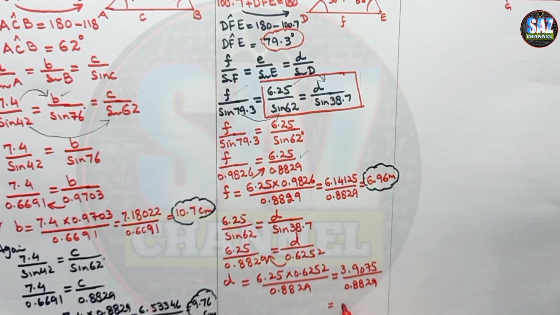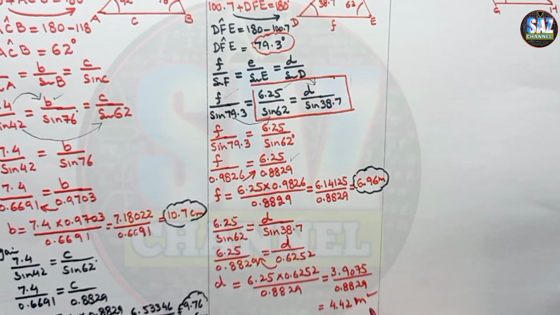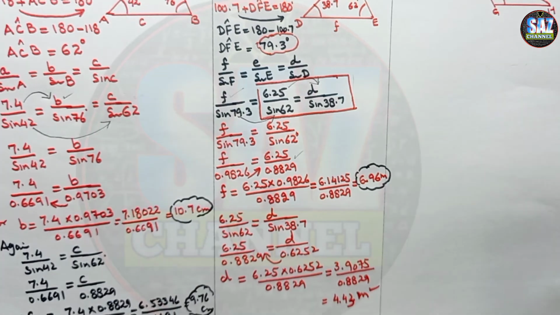To three significant figures, and the unit is meters, so I will write 4.43 m. Let me block this answer, and let's quickly move to the next question.